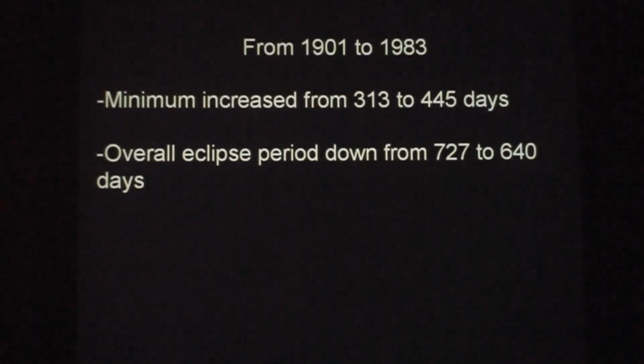And from 1901 to 1983, a few more years extra, minimum of the eclipse had increased from 313 to 445 days, and of course the overall eclipse period down from 727 to 640 days. In 1984 and 87, astronomers have also recorded periodic low amplitude changes of 96 days.